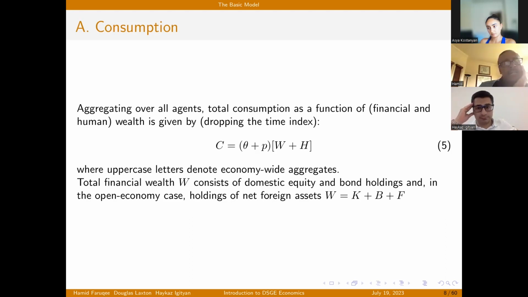So those are the three ways in which you can hold financial wealth in the small open economy case. When we have the closed economy case, F will be constrained to always be 0, and then you'll have just the holdings of debt and equity, of capital and domestic bonds. Okay, next slide, please.